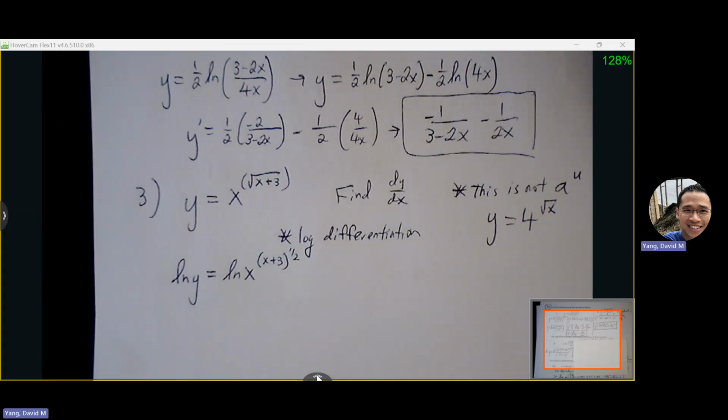The exponent can come down. Now, whenever you have a variable raised to a variable and you're doing log differentiation, you can always expect product rule to show up because that variable up in the exponent is going to come down. So now instead of a variable raised to a variable, it's going to be a variable times a variable. And that's going to cause us to always have to involve product rule.